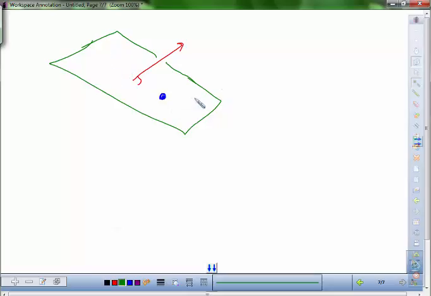Let me come up with a, wait, this is a point that we know. Let's call this point x naught, y naught, z naught. So we know this.